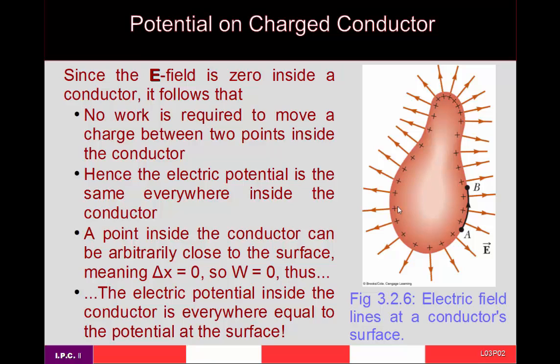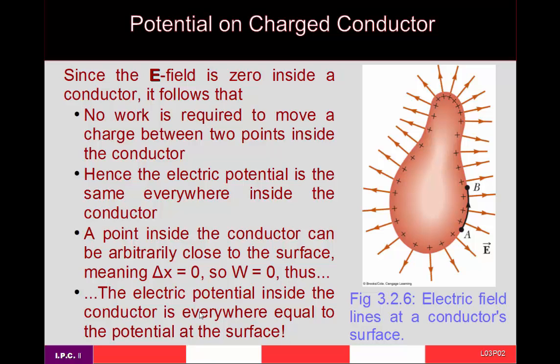And the way that we know is this. We can choose our last surface inside the conductor to become arbitrarily close to the very surface, so that delta x equals 0. And since the work done is basically E times delta x, you have a work done of 0 for a surface arbitrarily close to the conductor's actual surface.